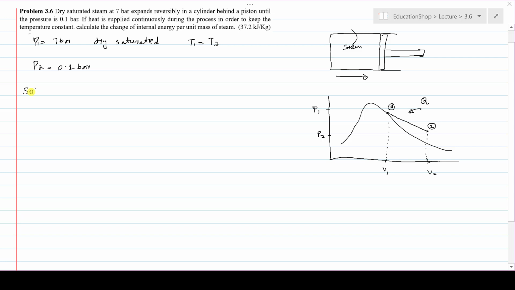Now come toward its solution. At pressure P1 of 7 bar with dry saturated steam, we can see from the saturated water steam table that U1 is equal to Ug1. Let me show you on the dry saturated steam table.